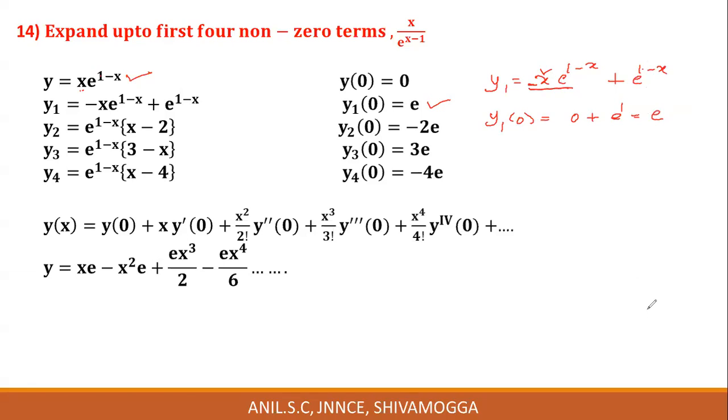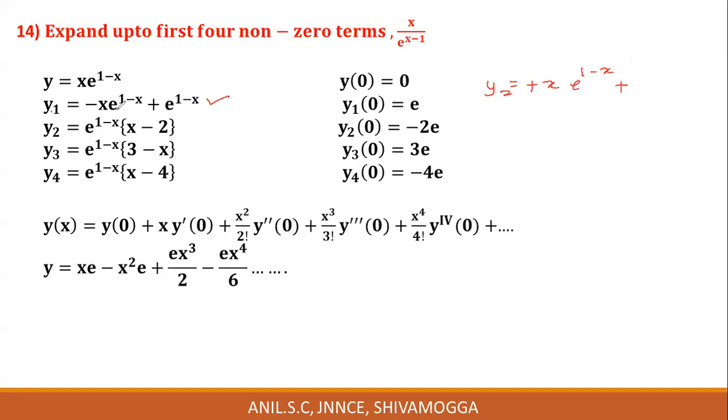Next, to find y2, we differentiate this expression with respect to x. Derivative of y1 is y2. Here, minus x is to be treated as first function. Keep it as it is. Derivative of e power 1 minus x is e power 1 minus x, and that of 1 minus x is minus 1, minus into minus plus.